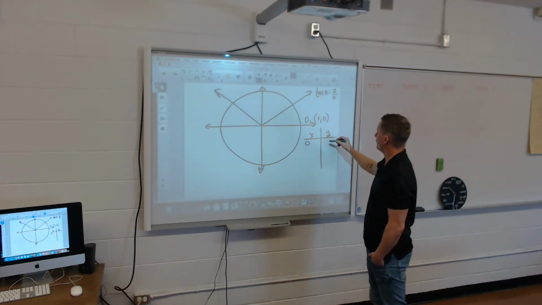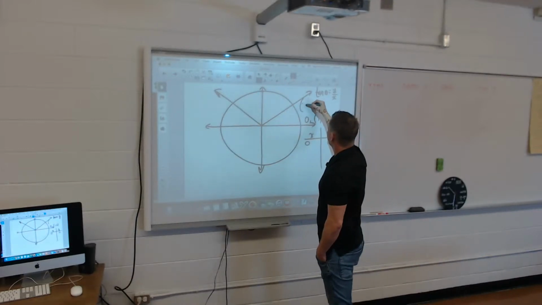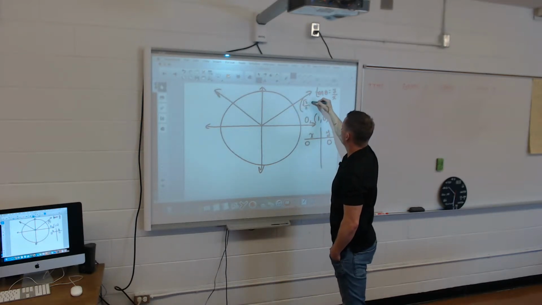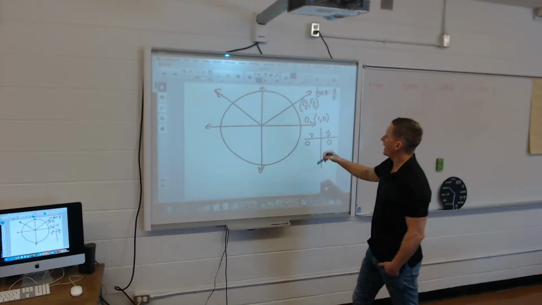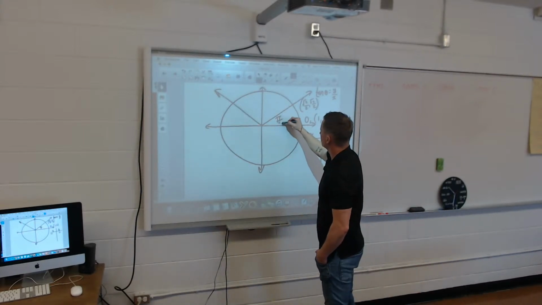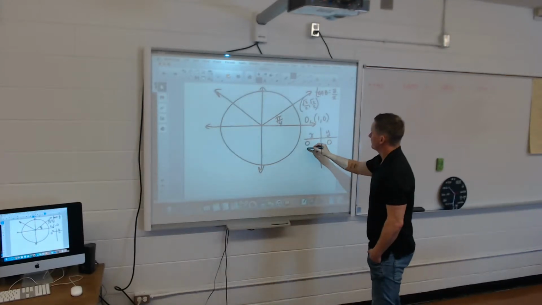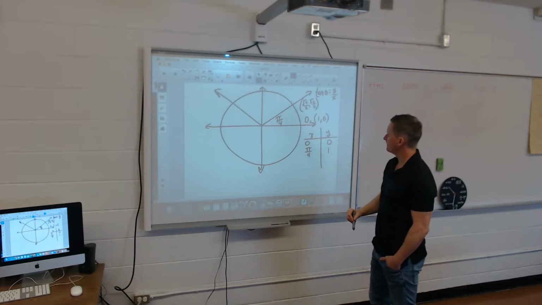So when I take 0 over 1, I get 0. Now, right here, I have root 2 over 2 and root 2 over 2. Okay, so at pi over 4, my tan value is 1.